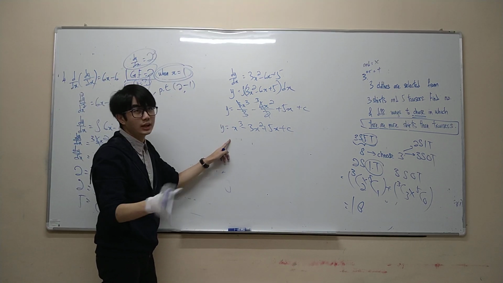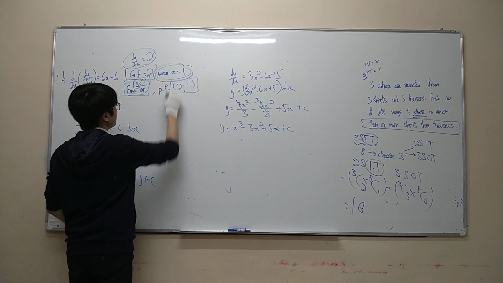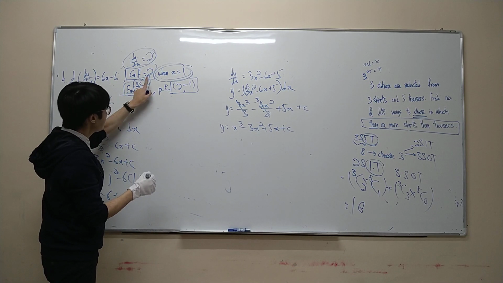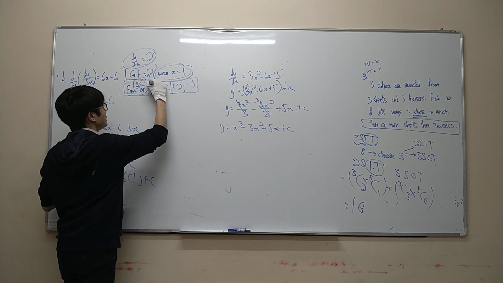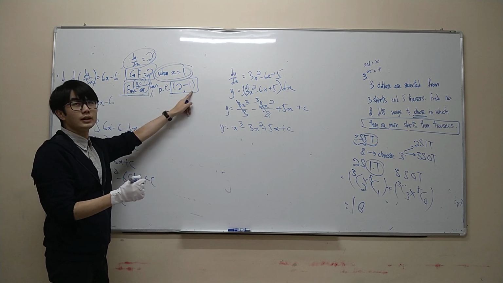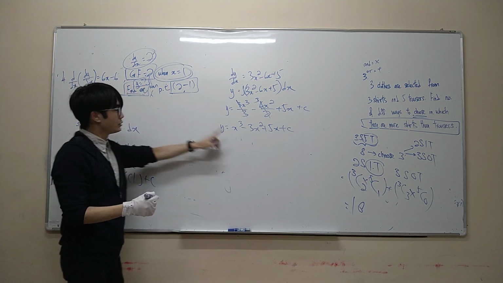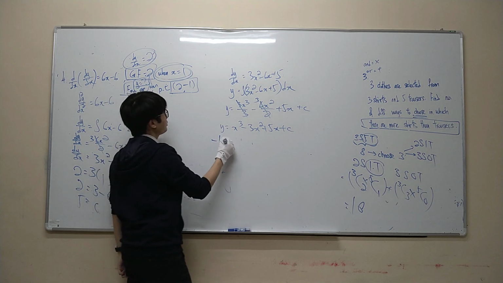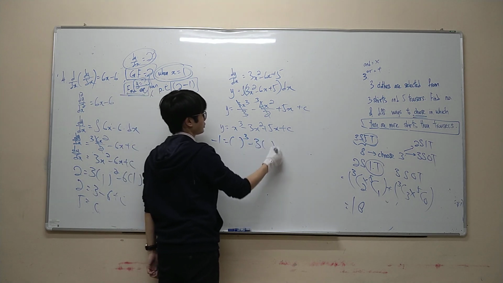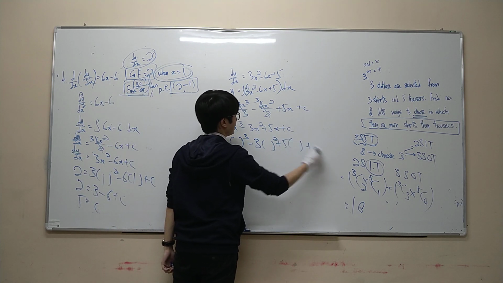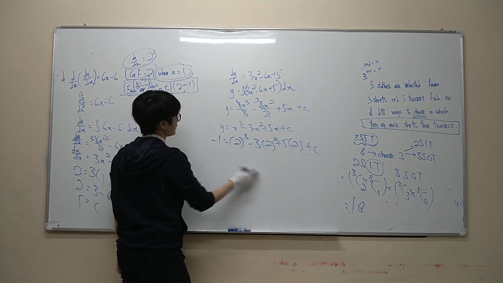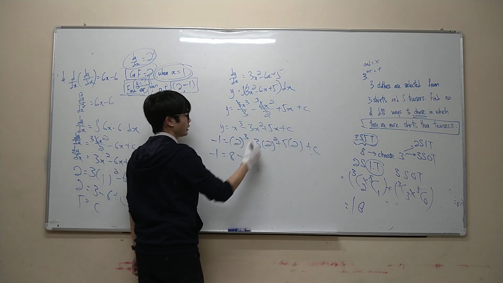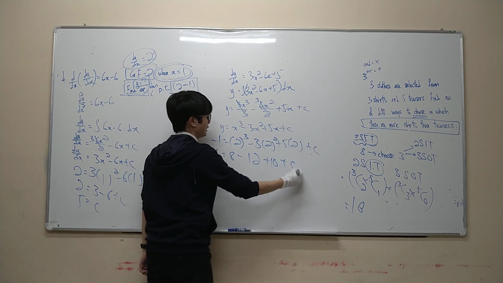Is this dy/dx? No. So what you need to do is put in this point, because they say find the equation when it passes through the point (2, negative 1). So you need to use (2, negative 1). So negative 1 equals 2 to the power 3 minus 3 times 2 squared plus 5 times 2 plus c. Negative 1 equals 8, minus 4 times 3 which is 12, plus 5 times 2 which is 10, plus c.